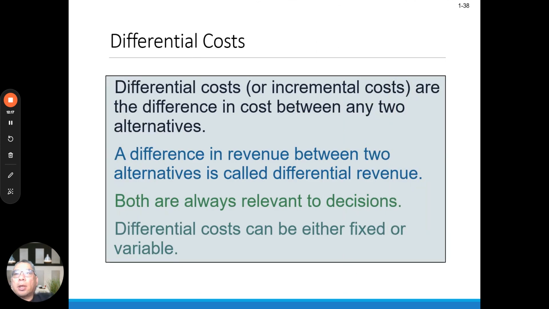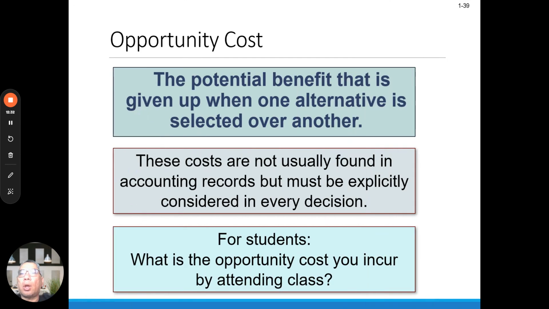Differential cost is the difference in cost between any two alternatives. The difference in revenue between two alternatives is called differential revenue. Both are always relevant to decisions. Differential costs can be either fixed or variable. Opportunity cost is the potential benefit that is given up when one alternative is selected over another.